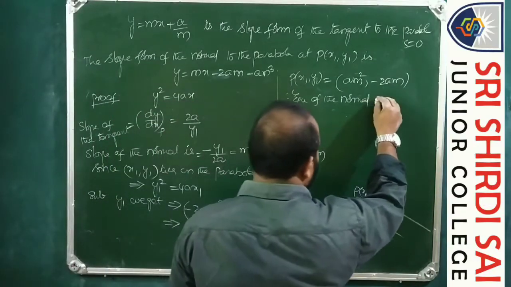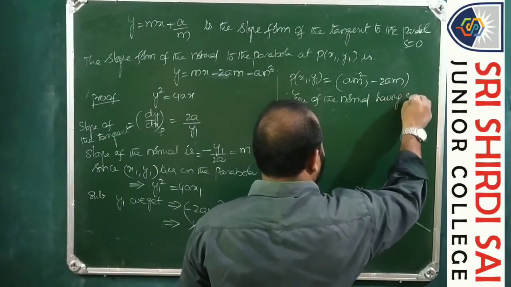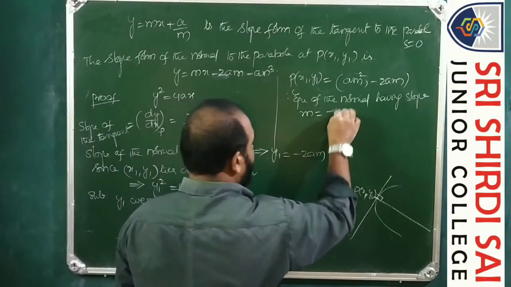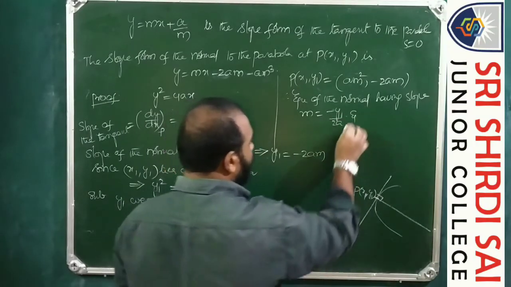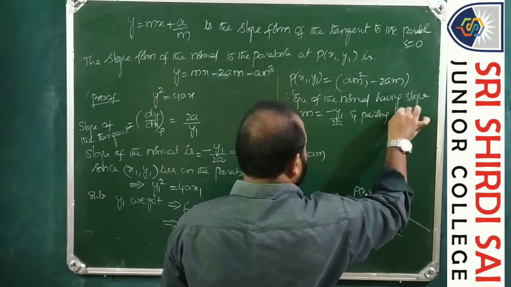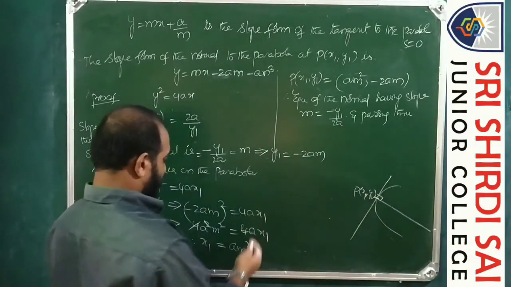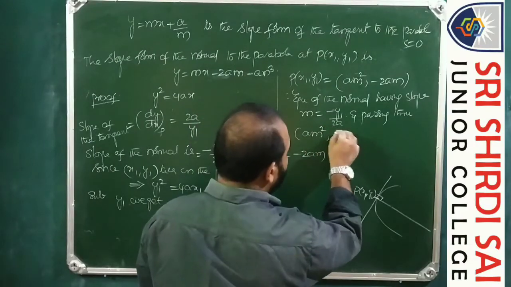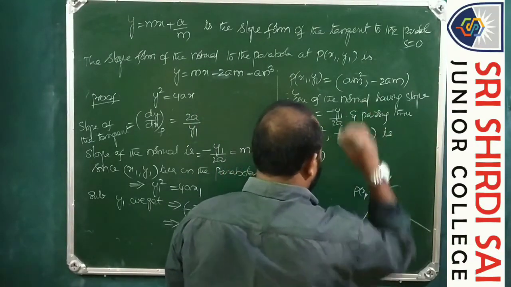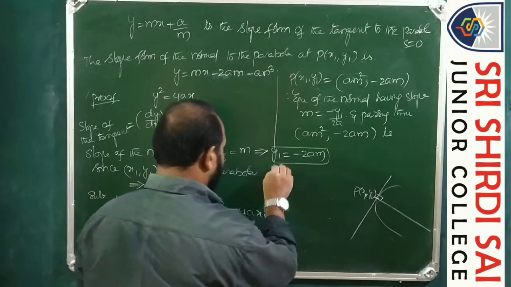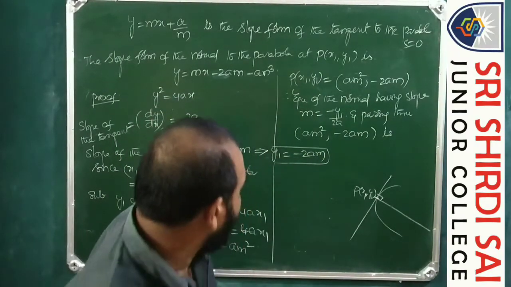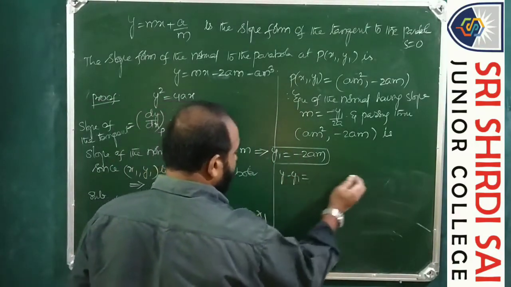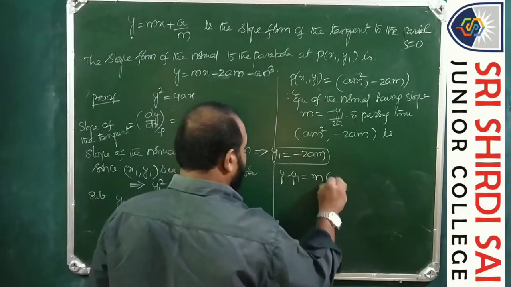So the equation of the normal having slope m equals minus y1 by 2a and passing through the point (am², −2am) is by the slope point formula, y minus y1 equals m into x minus x1.